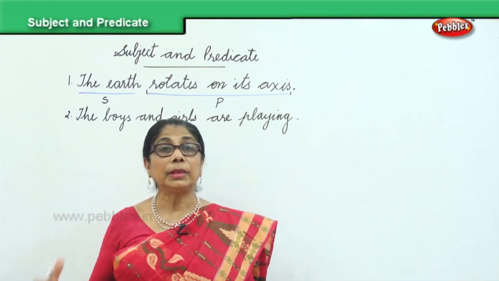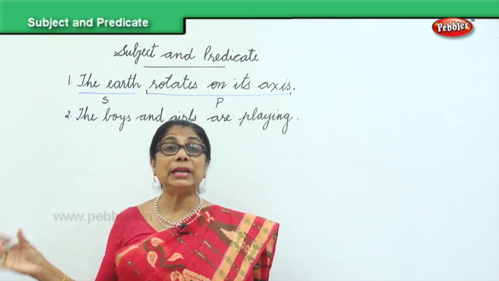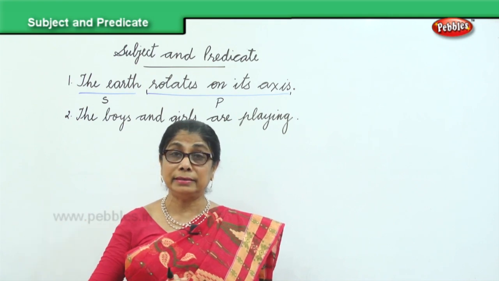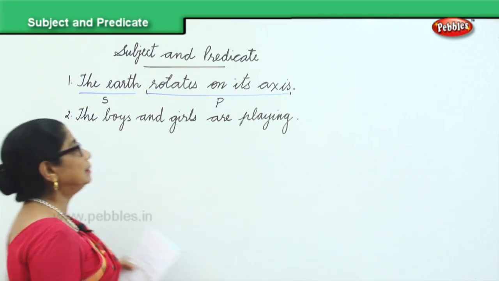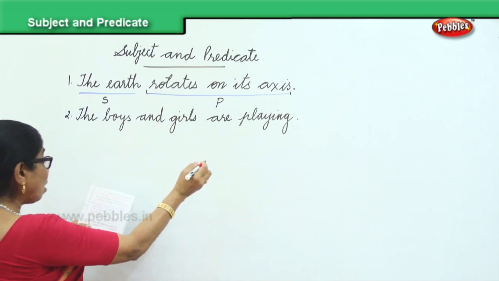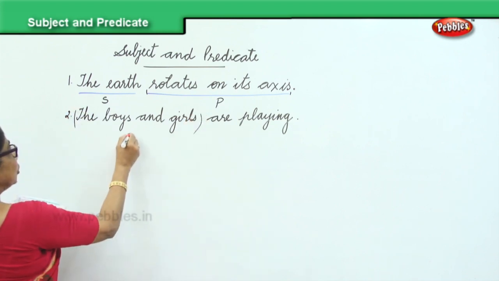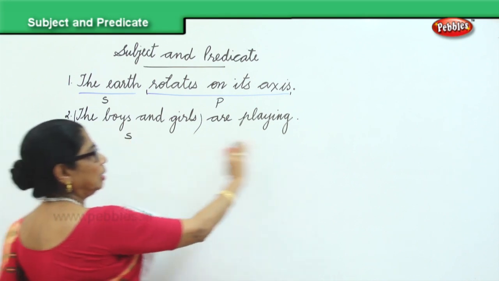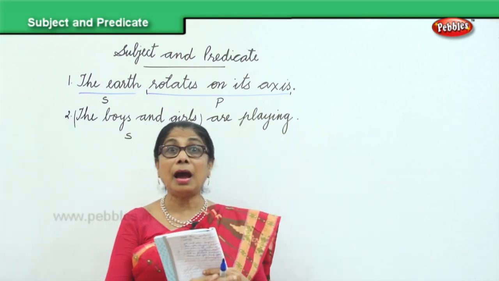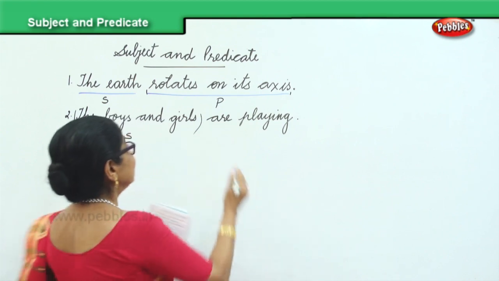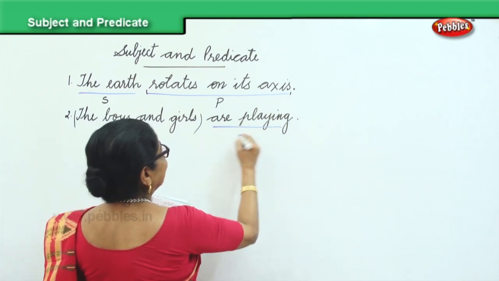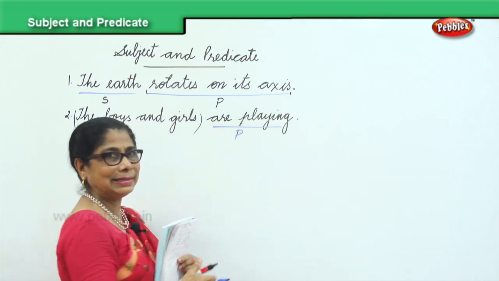Now, who are the most important people here? The boys and girls. So the boys and girls, that is the subject. And are playing is the predicate, the other half of the sentence.